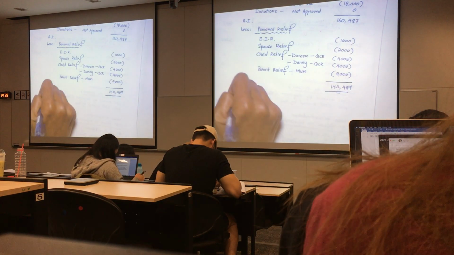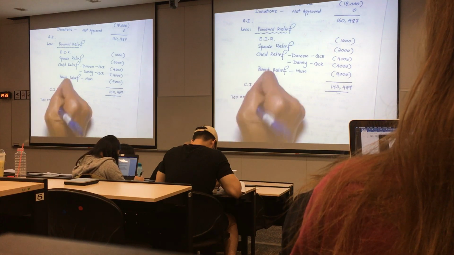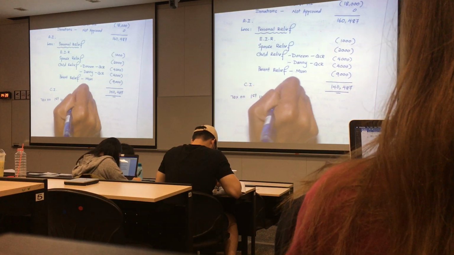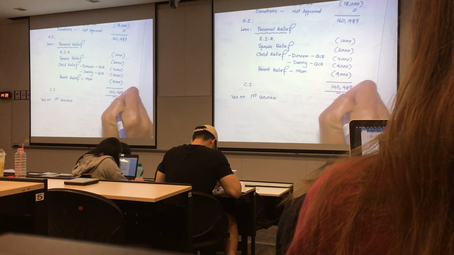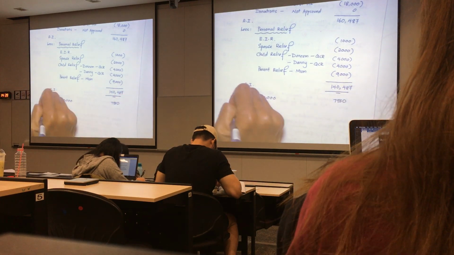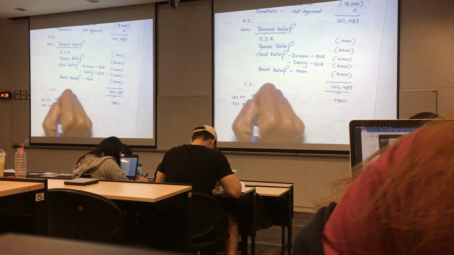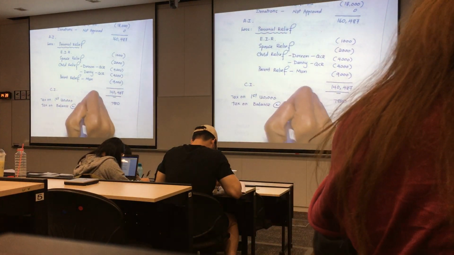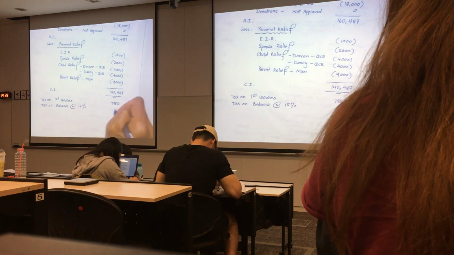So, tax on first 120,000 and the balance. All workings please clearly show, at 15%.